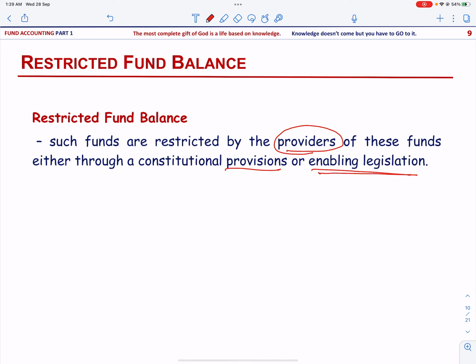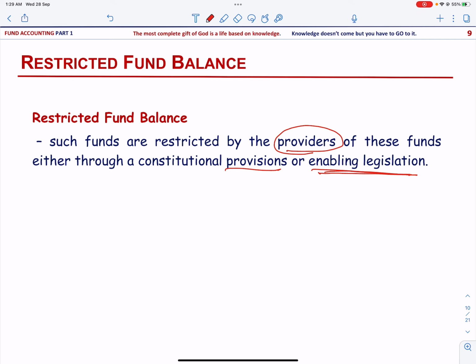Enabling legislation authorizes the government to assess or mandate payments of resources and includes a legally enforceable requirement that the resources be used only for the specific purpose. For example, a state allowing cities to collect taxes on food and beverages for street maintenance.